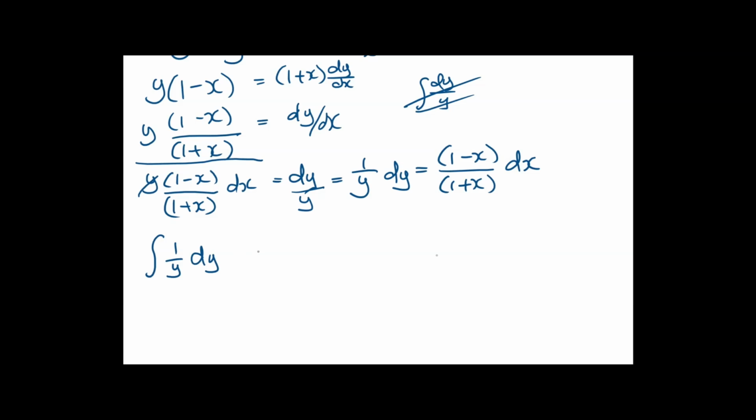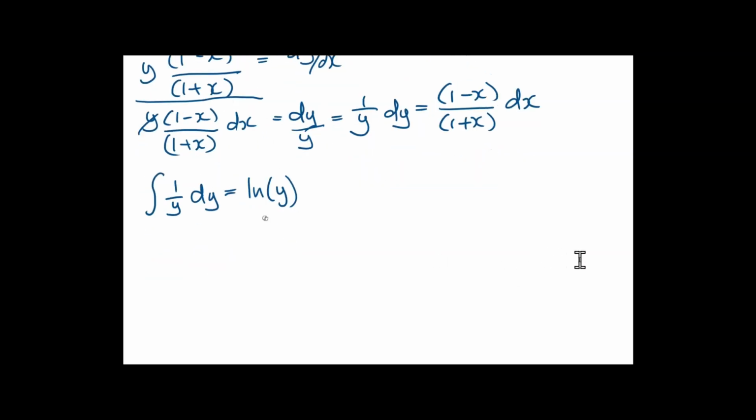And I know that that's going to be the natural log of, it's supposed to be the natural log of the absolute value, but it's going to be in brackets for now. Okay, that's the left-hand side done. The right-hand side is the right-hand side. In that form there, I can't really do an awful lot with it.